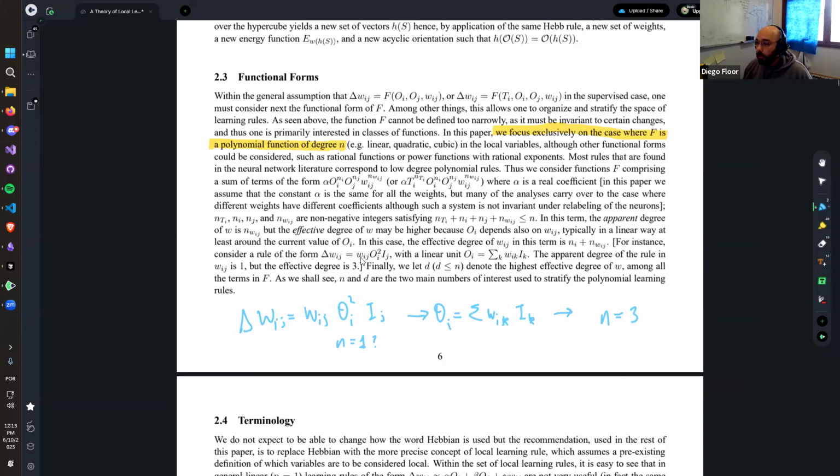When you look at this learning rule, for example, we have only one weight, so this should be degree 1, but because we have some other node here squared, and we can actually represent it as a summation of its own incoming spins and weights, then the actual degree of this learning rule is 3, because it's going to show up 2 more times inside this area.